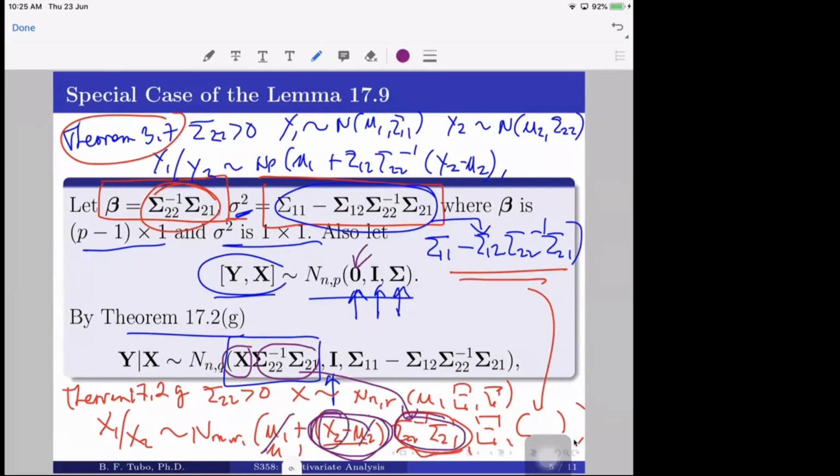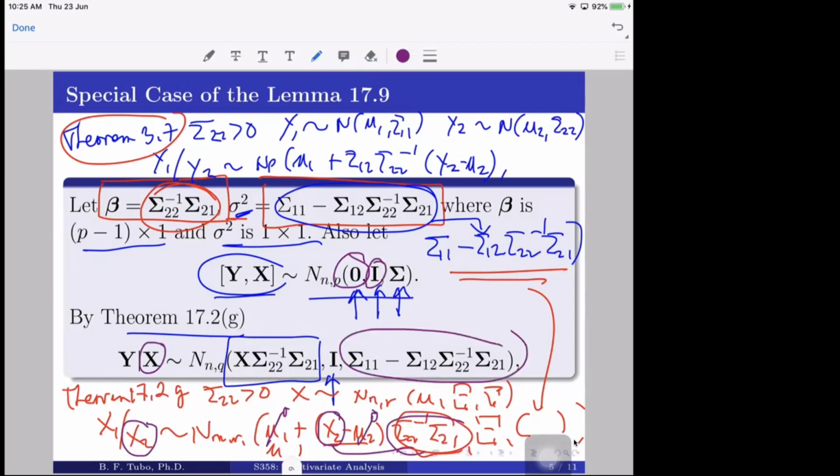So what remains is the x2, or just your x, given x2. Are you following? Because this is just 0, this will become 0, this will become 0. So x2, conditional on x, then times this one. And then psi and sigma will retain this one.